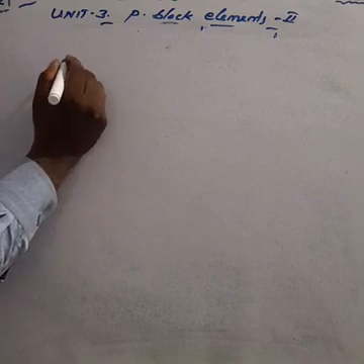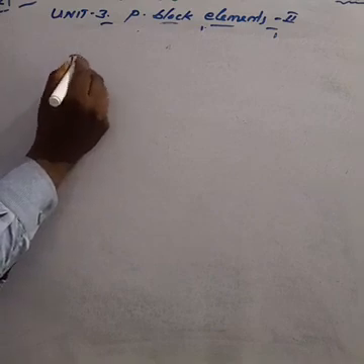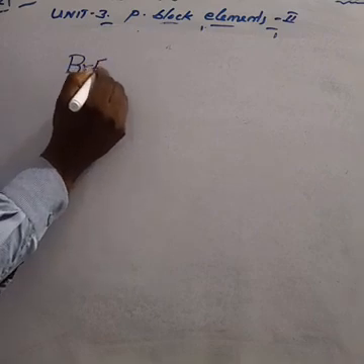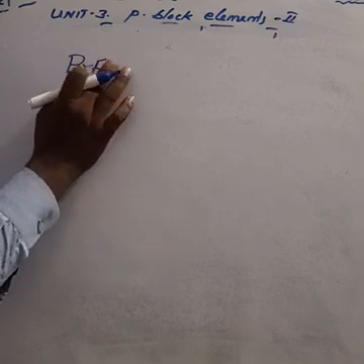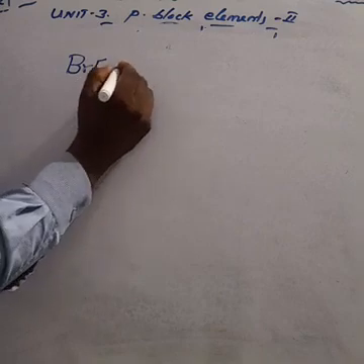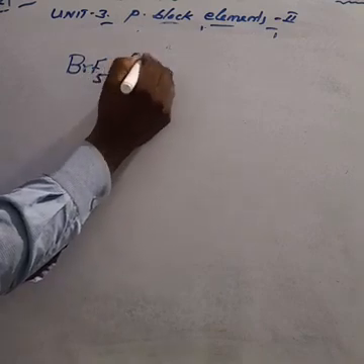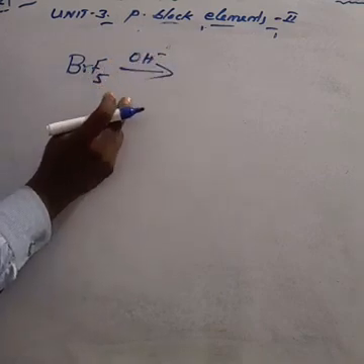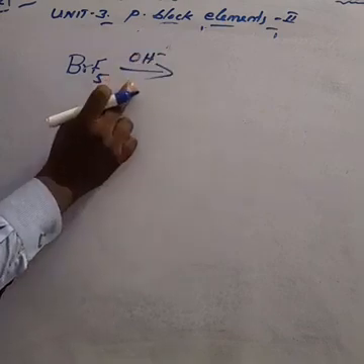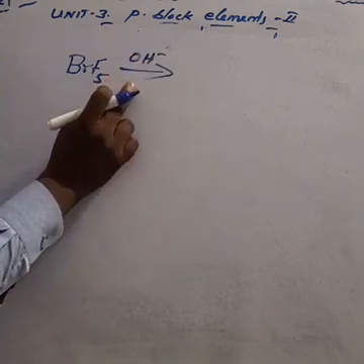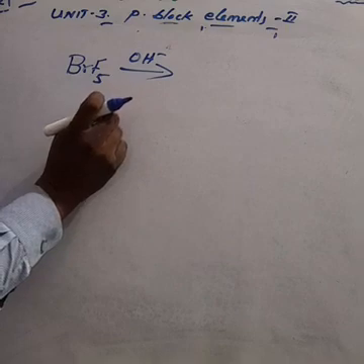Here, BrF5 is heated with one of the alkalis, maybe sodium hydroxide or potassium hydroxide. I am taking one of the alkalis, simply writing OH minus. That means it refers to an alkali.